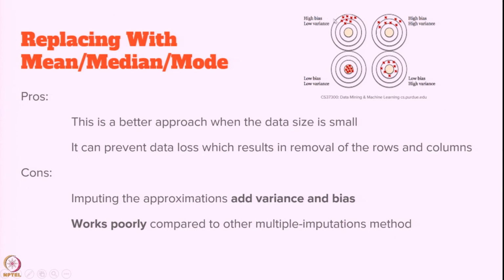If they stay close to each other but are too far away from the actual data, that becomes high bias, low variance. And in this case you can see high bias and high variance. So our algorithm should be very optimal in bias and variance. We have to understand that bias and variance should match the data as it is. If it is too high, too low, or too different, then the method may not work properly.